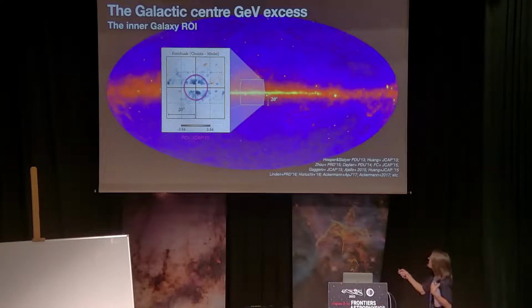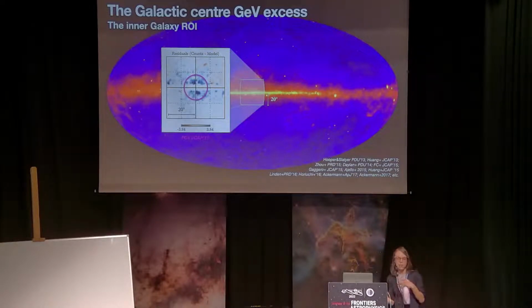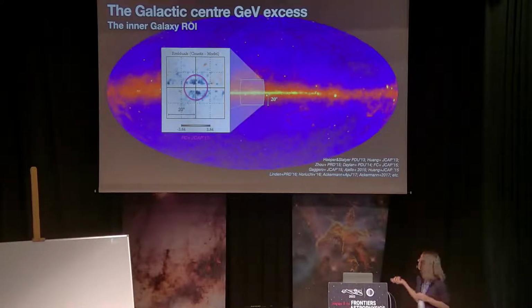So this excess in gamma rays extends up to 10 degrees above and below the plane. So it's very hard to make it fit with extended sources.